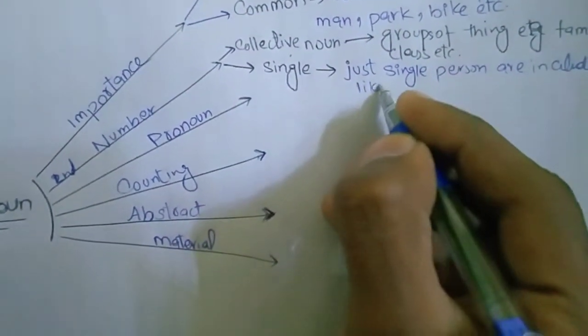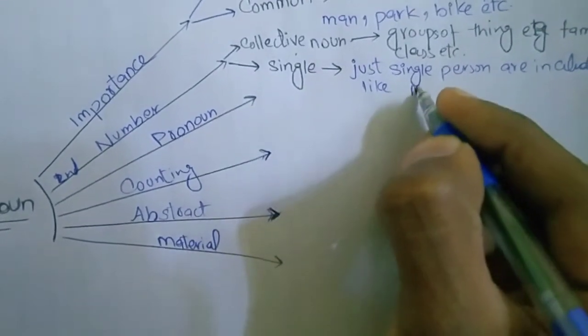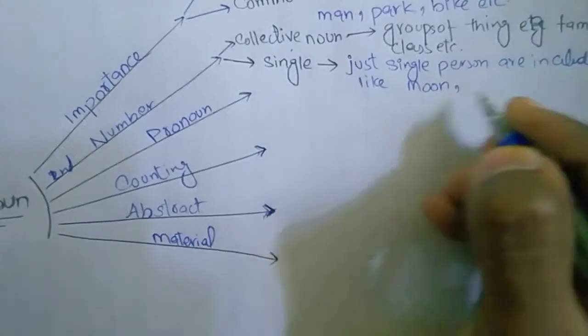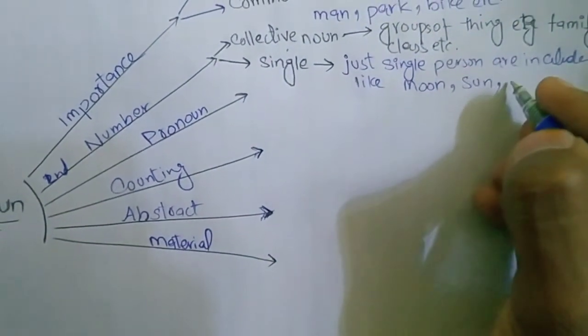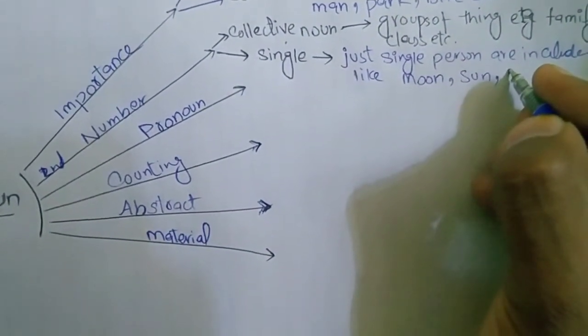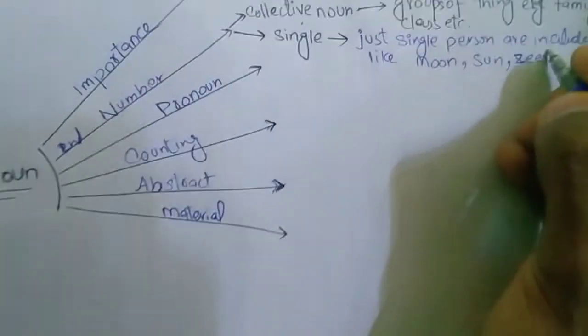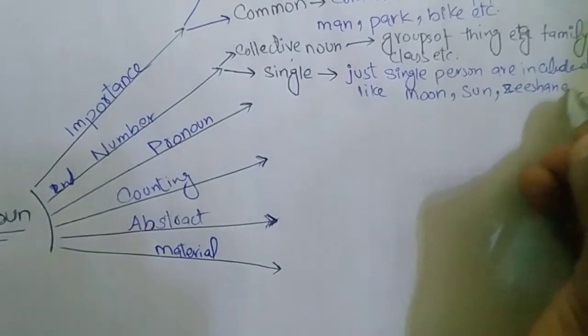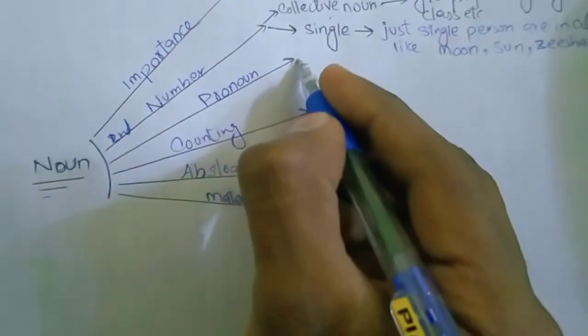Like moon, sun, Zishan, etc. Then we will move to the pronoun.